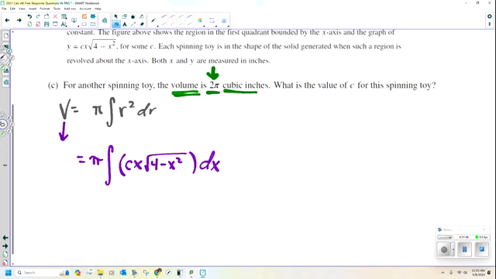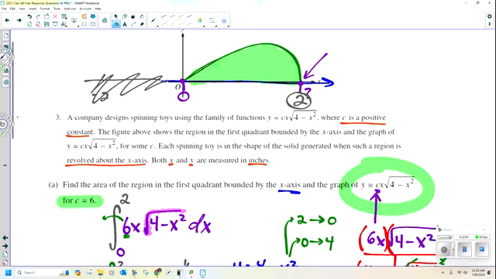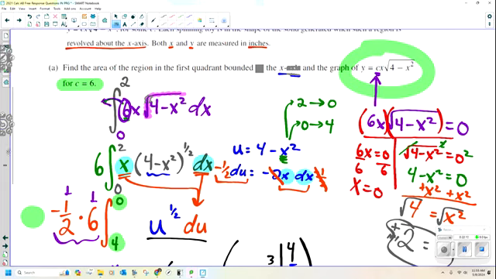But they give me a volume. 2 pi. Because I need to solve for c. I'm going to have to solve for this c here. Now, I tell you what, just like in 3a, when we made c a 6, didn't we just pull that right out?